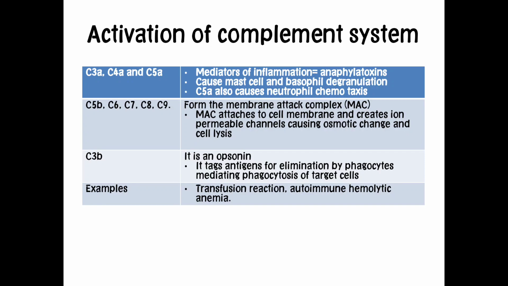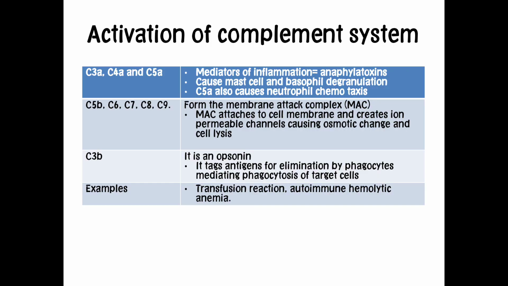Complement protein C3b is an opsonin, and it binds the cell and tags it for elimination by phagocytes, mediating phagocytosis of the target cell. When it binds to the target cell, it attracts phagocytes, which eventually phagocytose the target cell, hence destroying it.